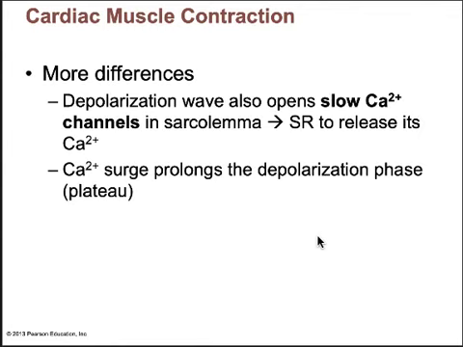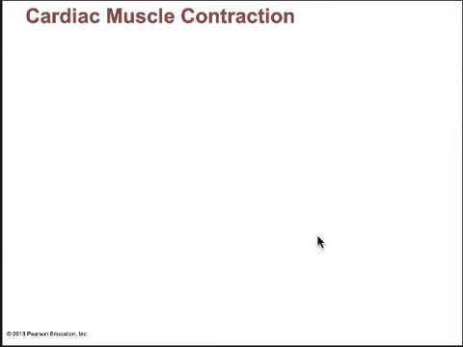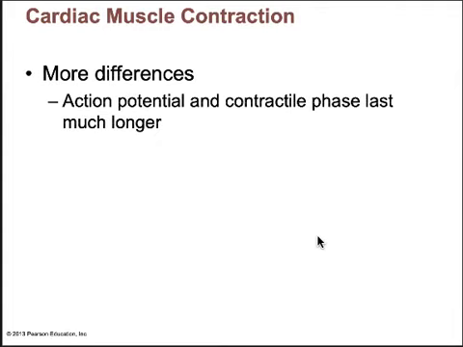Differences include the fact that the depolarizing wave also opens slow calcium channels in the sarcolemma, and this calcium surge puts a broad shoulder on the depolarizing phase of cardiac muscle tissue. The action potential in the contractile phase lasts longer, and that permits blood to be ejected from the heart effectively.